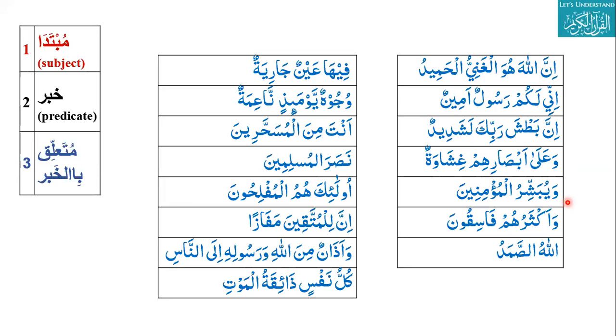No, no. Brother Asher, this is the جملة فعلية. Is it جملة فعلية or جملة اسمية? You tell me. So this is not جملة اسمية. Very good, this is a Jumla Fi'liya, because it's starting from a verb.